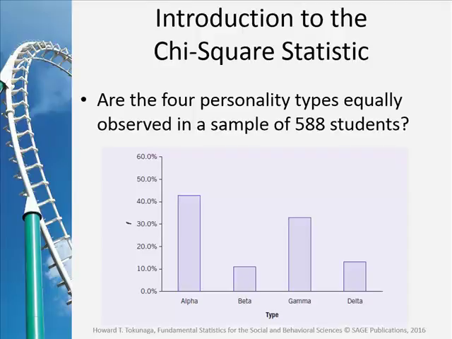Now, what we have here is a sample. So we have to ask ourselves, how close does our sample distribution represent the population distribution? How different is it?